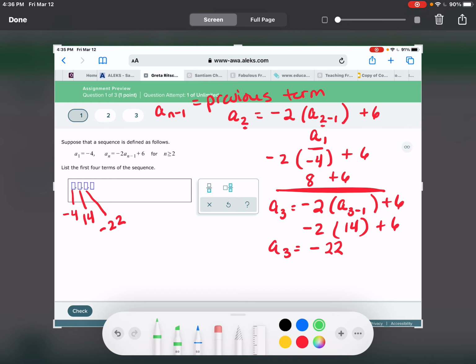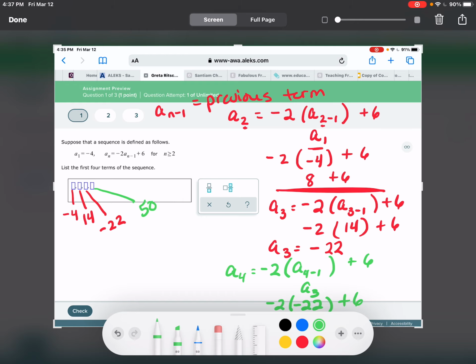And remember, a sub 4 minus 1 is going to be asking for the previous term. We just calculated a sub 3. -2 times -22 plus 6. So we have +44 plus 6 is 50.